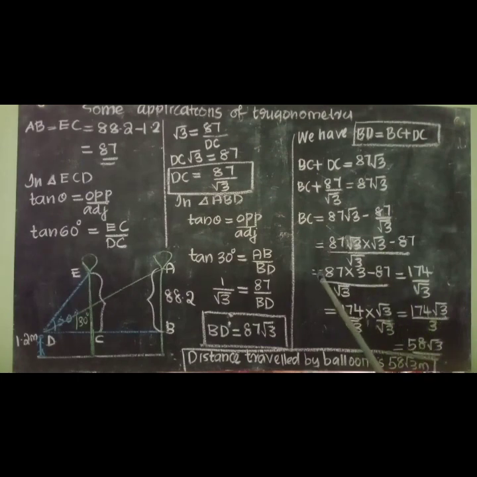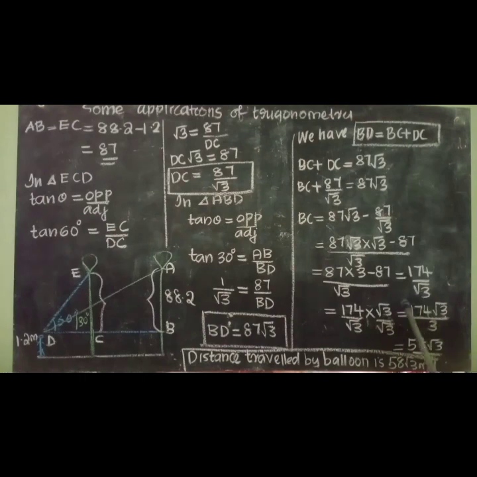So we get that is equal to 87 into 3 minus 87 whole divided by root 3. By calculating, we get that is equal to 174 divided by root 3. Now you can see the denominator is an irrational number.